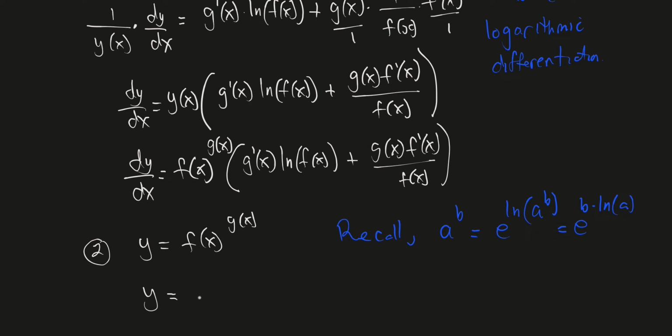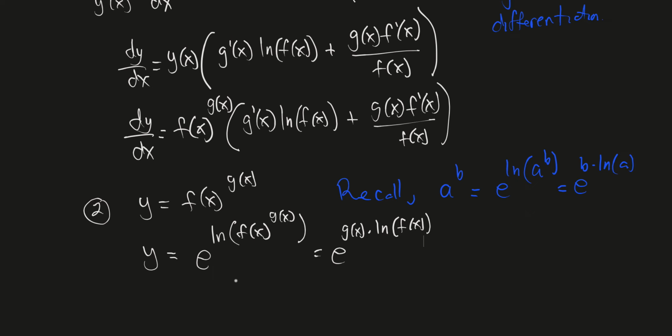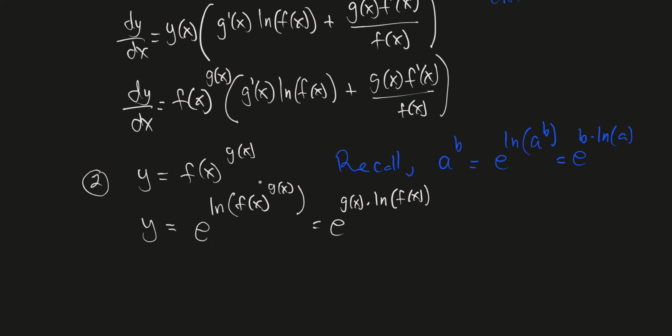So it ends up looking like e to the ln of f of x to the g of x, so all of that. But then we can take the g and put it in front of the ln, right? So it looks like this, g of x times the ln of f of x, right? Nice little exercise in change of base.